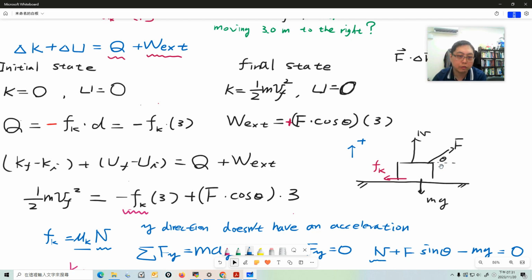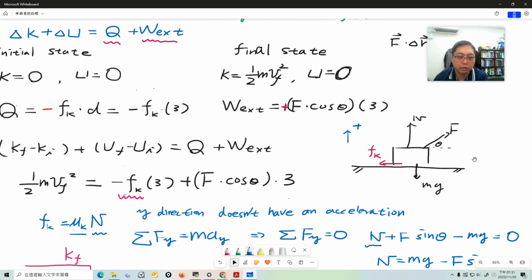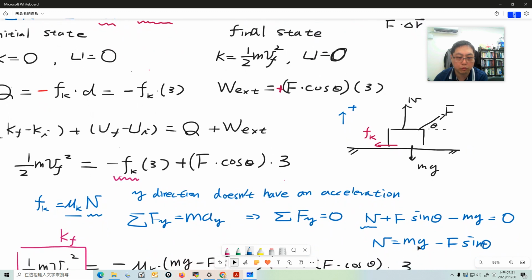But the reason there's an optimum is the normal force and the friction. You see the normal force: normal force equals mg minus F sine theta. So you need some theta value to reduce the normal force. A little theta reduces the normal force, and you will also reduce the friction. But after all, you cannot have a very large theta.